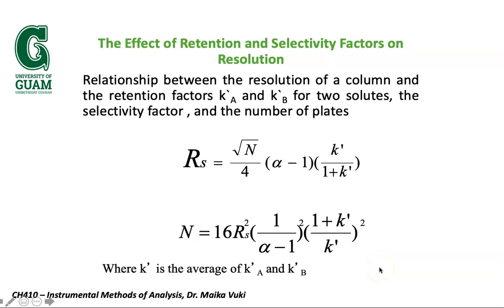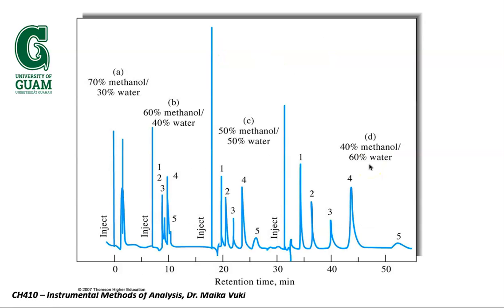When we are doing any chromatographic separation, the parameter that is useful for making changes in the chromatograph is the retention factor. And where does that come in? In liquid chromatography, the retention factor is changed by changing the concentration of the solvent components.